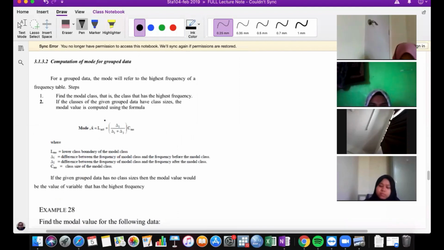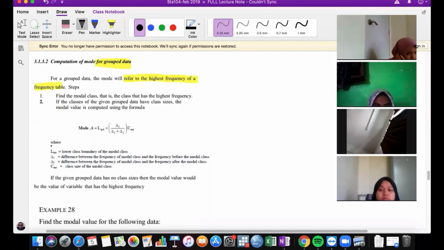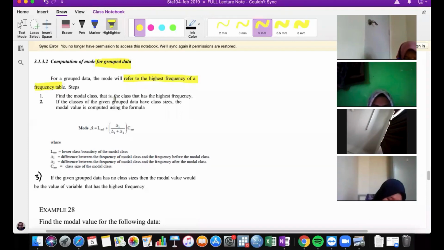So this one is the calculation of mode for grouped data. For grouped data, the mode refers to the highest frequency of a frequency table. So now look at this one. We have basically 3 steps to follow. First step is we need to find the modal class, that is the class that has the highest frequency.